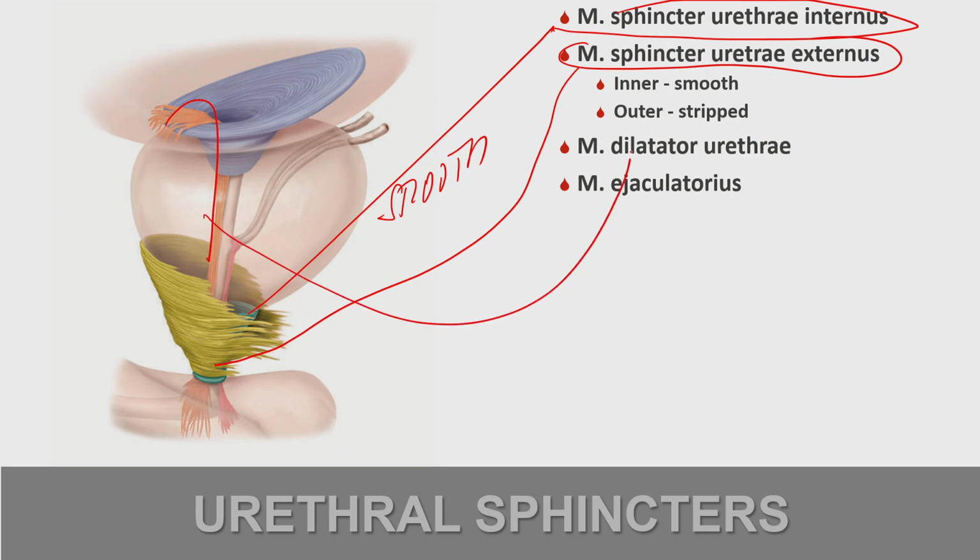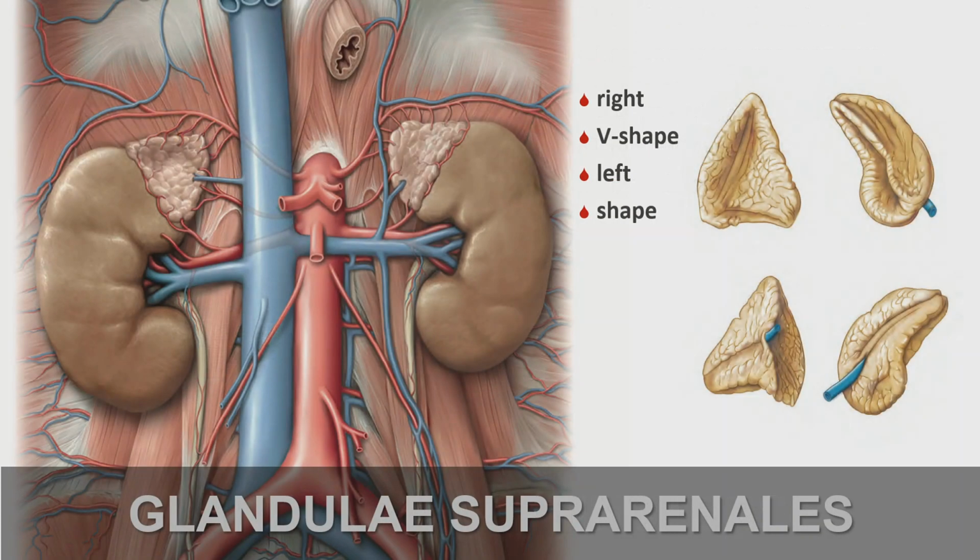So this is dilatator urethrae. And the last one, a muscle which is an important connection to ductus ejaculatorius, compressing this, and it's called ejaculatoris muscle.